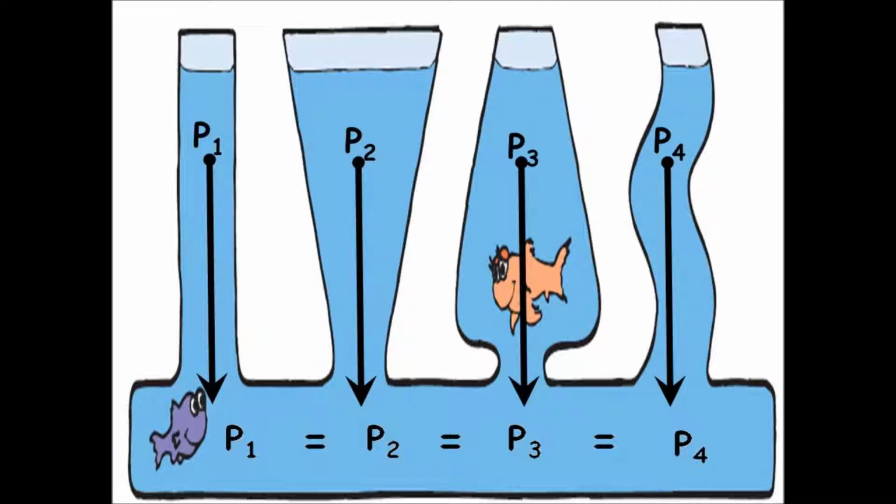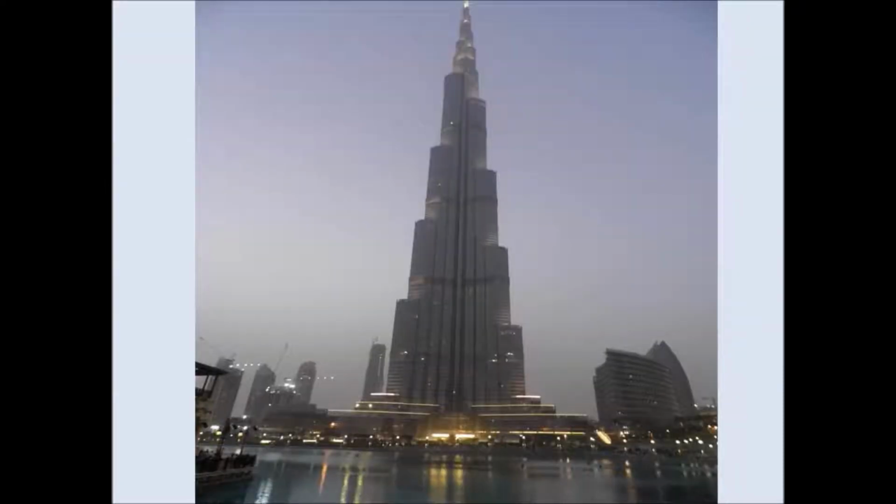Try to picture a 1 cubic meter box, 1 meter tall, 1 meter wide, 1 meter deep, and that cubic volume, if you fill that with water, will weigh 1,000 kilograms or 2,200 pounds or 1 metric ton. Very important. Now, when we talk about pressure, this is the Burj Khalifa.